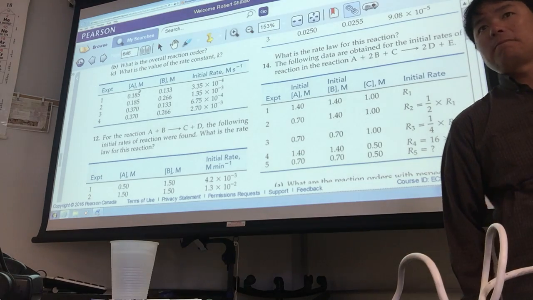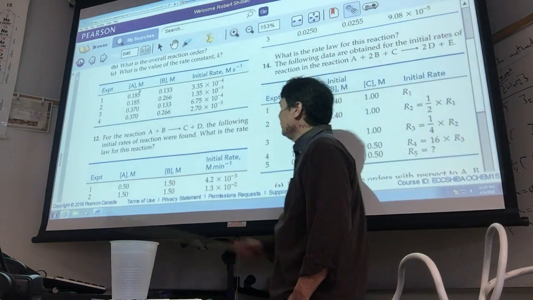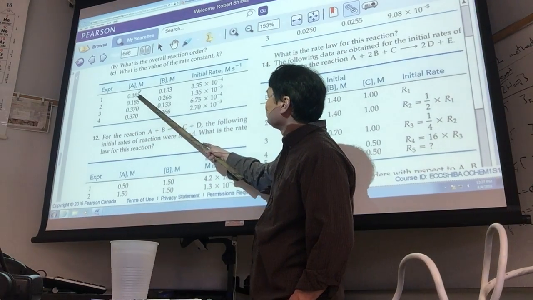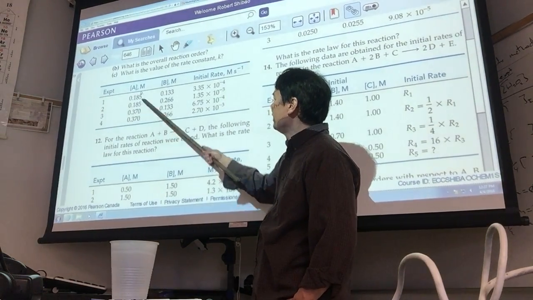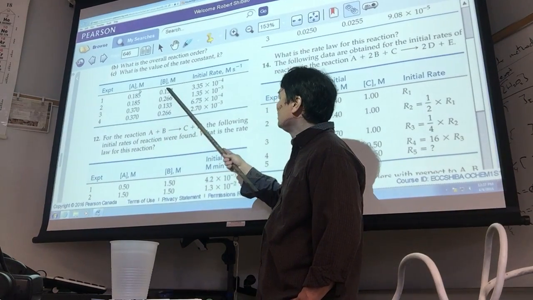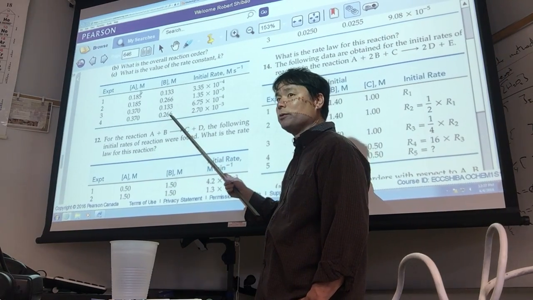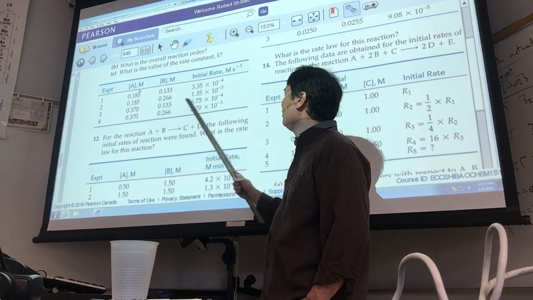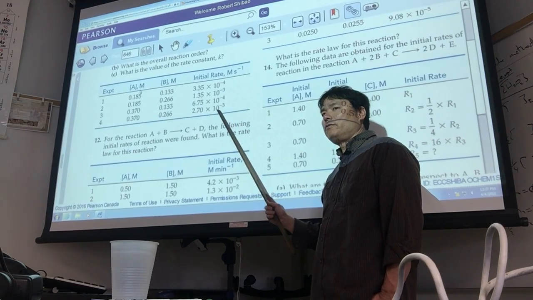Because it's a third order overall. And so let's see here, if we look at this experiment between 1 and 4, we double A, that's going to double the rate. We double B between 1 and 4, that's going to quadruple the rate. And so overall, the rate should increase by 8-fold.